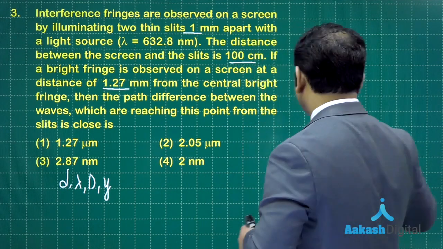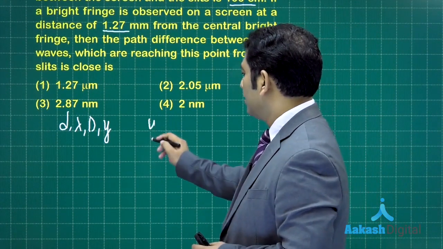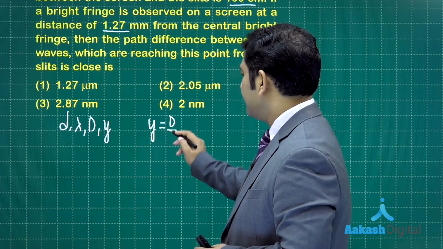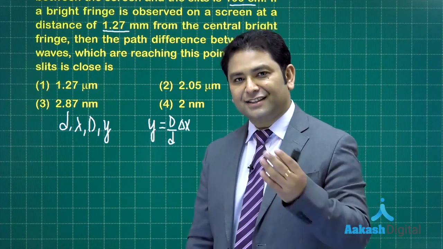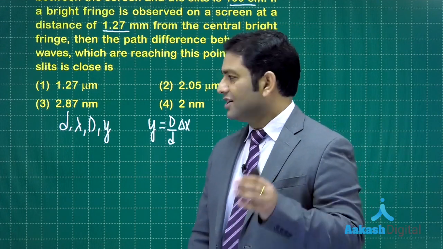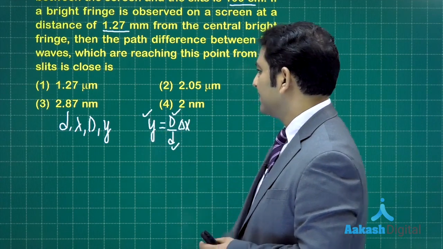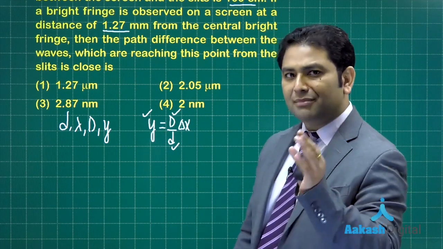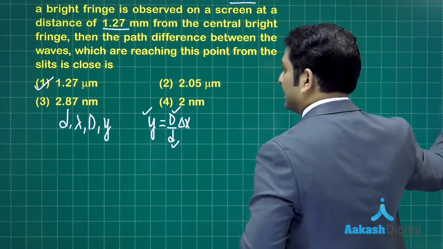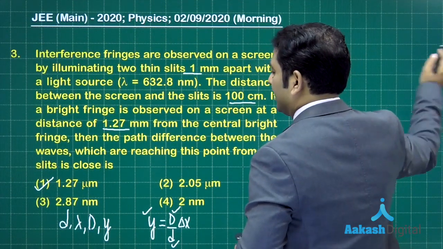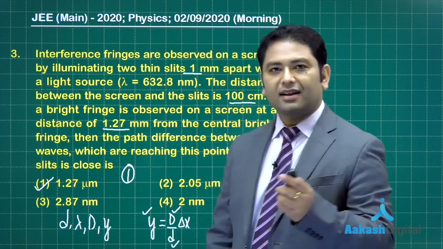Now this comes out to be a straight formula based question. y equals D by d into delta x is the starting formula in interference, isn't it? YDSE. So y is given, capital D is given, small d is given, delta x, a little bit of calculation, option number 1. So for question number 3, option number 1 would be the correct one. Let's go for the fourth.